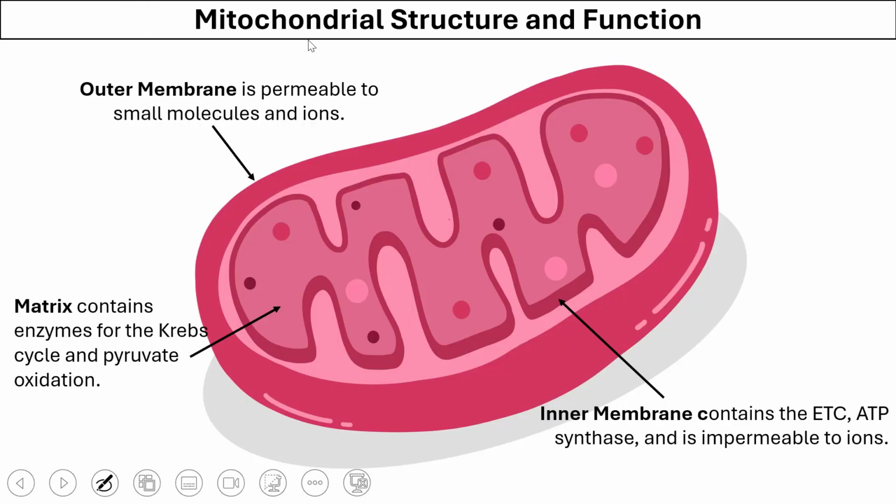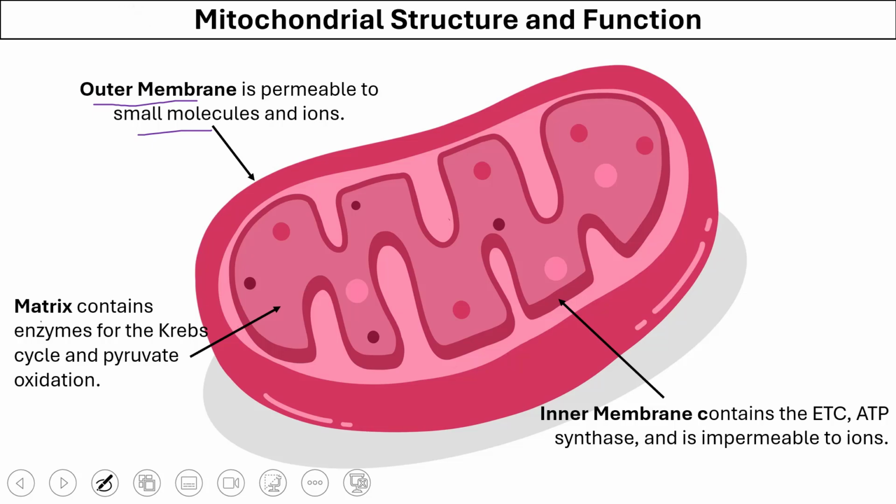Mitochondria is a very important organelle for cellular respiration because different compartments of mitochondria perform different steps of cellular respiration, which is why the structures are designed to help that process. For example, the outer membrane is permeable to small molecules, which helps in the entry of pyruvate inside the mitochondria.